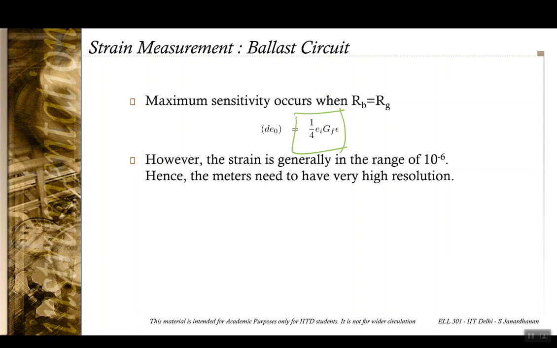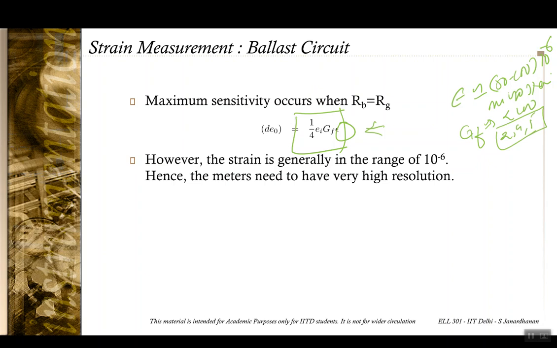However, it should be remembered that epsilon is going to be in the range of, say, 50 to 100 times 10 raised to minus 6, so it is in microstrain. And gauge factor is typically less than 10. It's basically 2, 4 or 5, something like that. It is not a very large number.